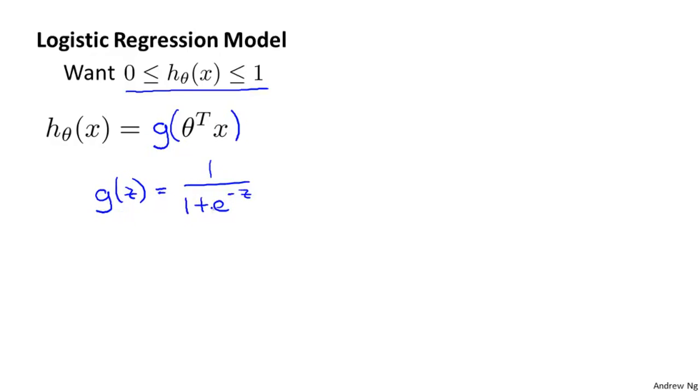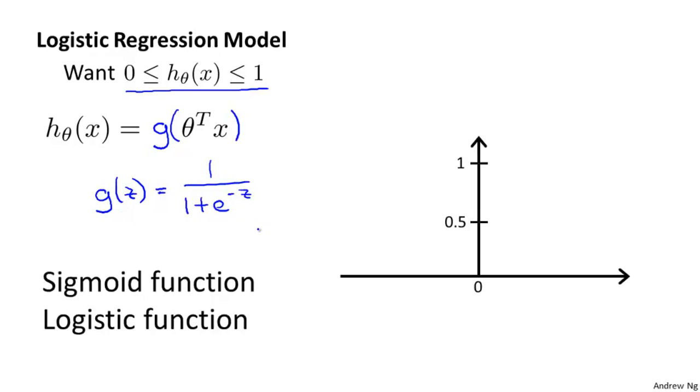This is called the sigmoid function or the logistic function, and the term logistic function, that's what gives rise to the name logistic regression. And by the way, the terms sigmoid function and logistic function are basically synonyms and mean the same thing.